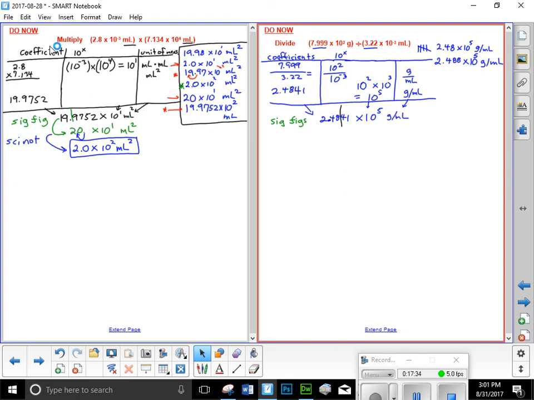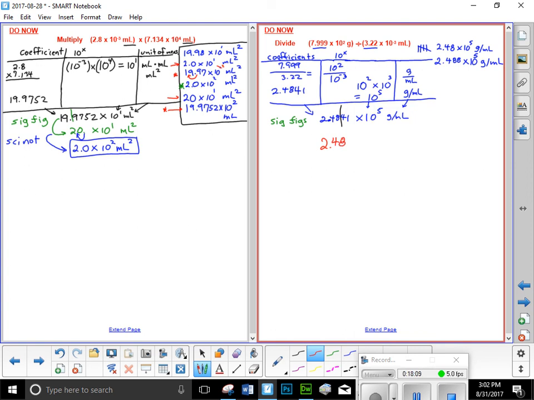But that is because the 2.8 in the coefficient multiplication is not more than 2. Over here, we have more than 2 sigfigs on the right. The 3.22 on the right-hand coefficient is limiting the number of sigfigs we have over here, not to 2, but to 3. So now we're going to go down and write our new number in correct sigfigs.